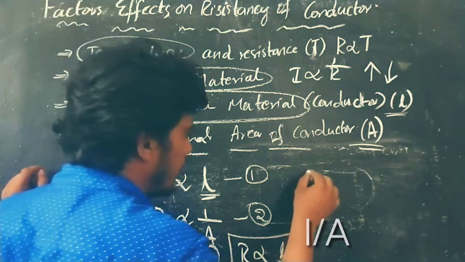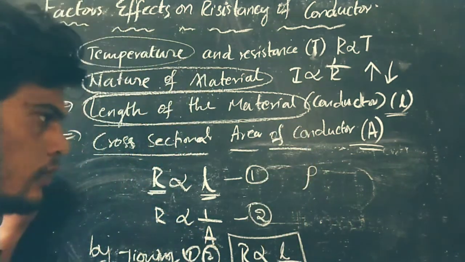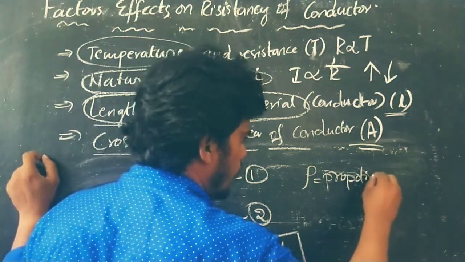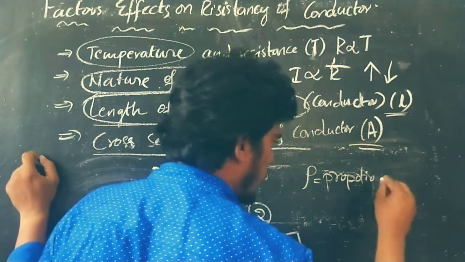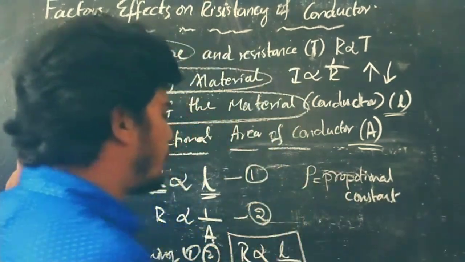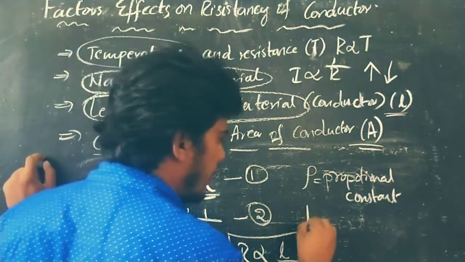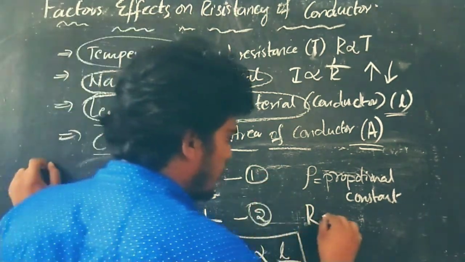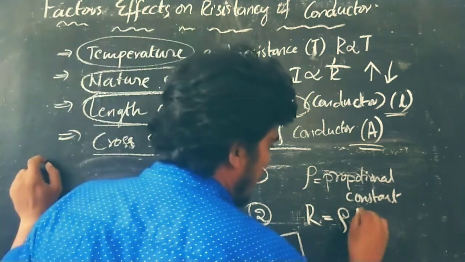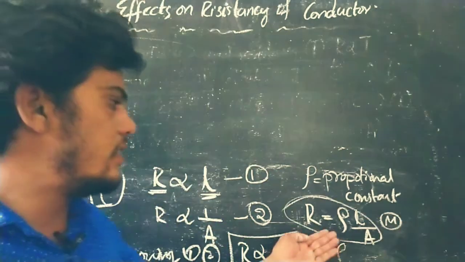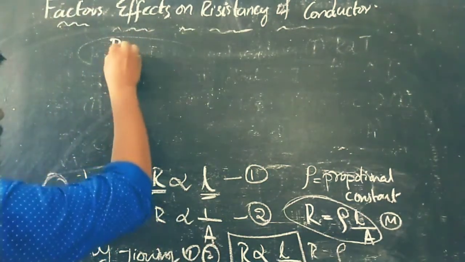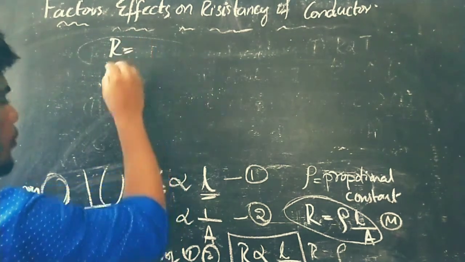That proportional constant is rho. So by substituting the proportional constant, our resistance R equals rho L by A. This is the formula of resistance. So our resistance R equals the proportional constant rho times L by A.